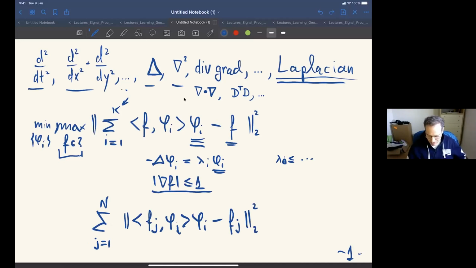So what would be the solution for this problem? What would be the optimal basis for this problem? We talked about it. You can see the similarity between these two problems. The top one was looking at some operator such that the function belongs to this family.